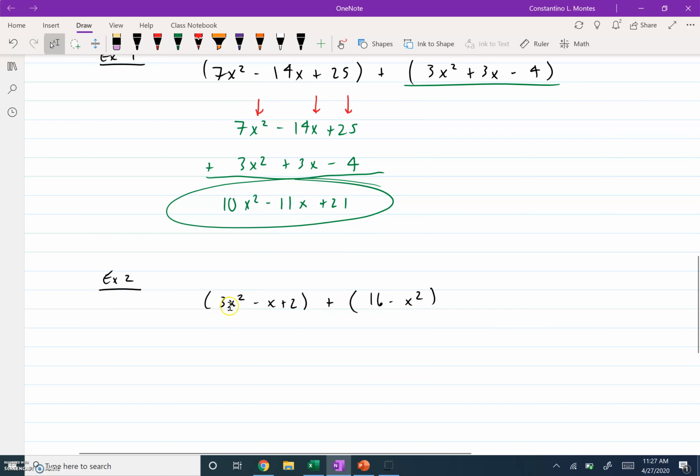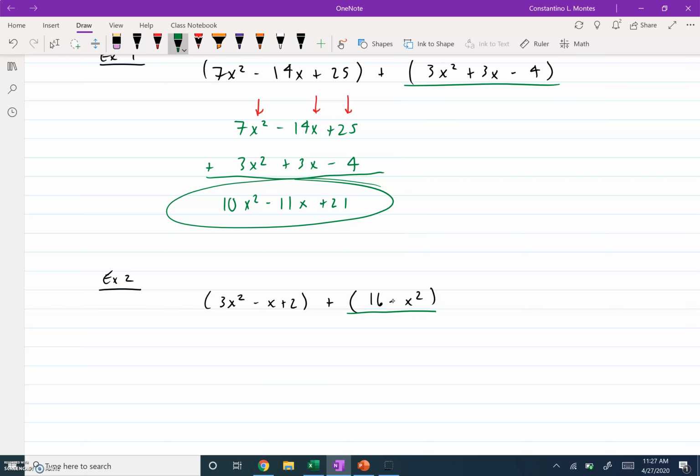And this trinomial is written in terms that are decreasing in order of degree. So we got an x squared term, we got an x term, and then we got a constant term. However, this one right here is a binomial and is not written in order of decreasing degree. So I'm going to take this 16 minus x squared and rewrite it.